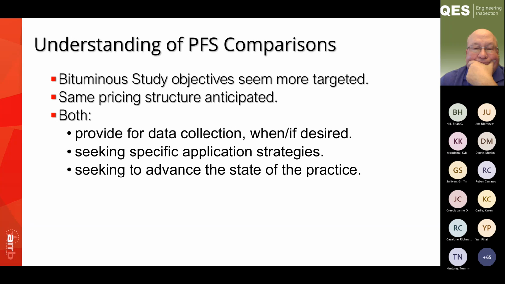And both are seeking to advance the state of the practice, because ultimately what we're looking for is a way to not only identify problems within projects we already have suspicions about, but problems in projects that we didn't even realize existed. You'd be surprised how many of those exist. Next slide.